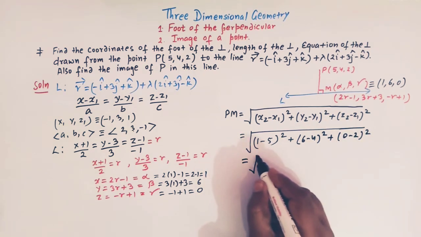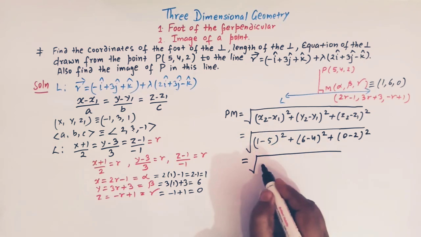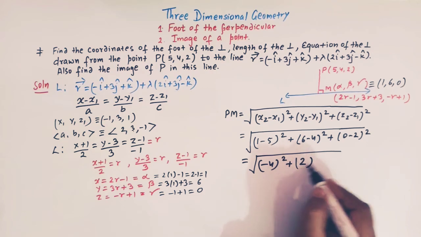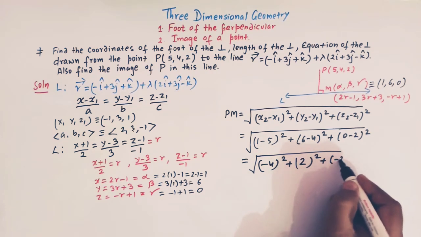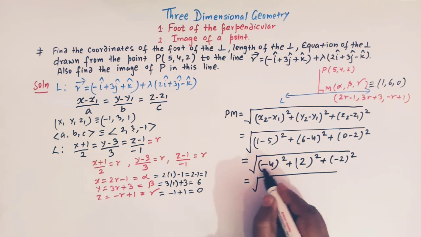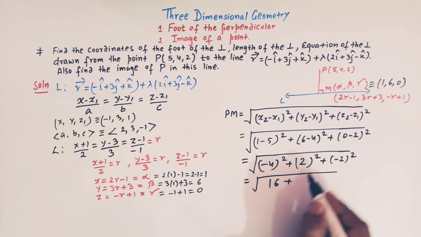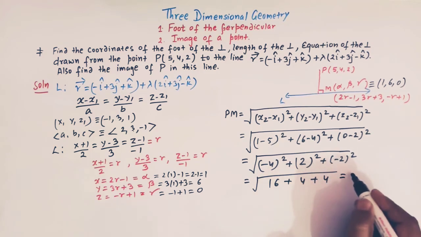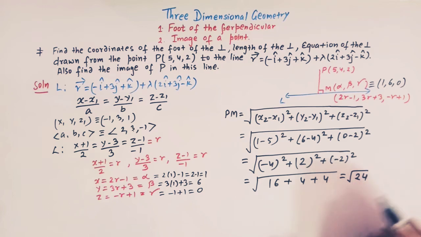So now we have minus 4 square here, and here we have 2 square, and here we have minus 2 square, right? So minus 4 square is 16, this is 4, this is also 4, so we have square root of 24, which can also be written as 2 root 6 units, right?